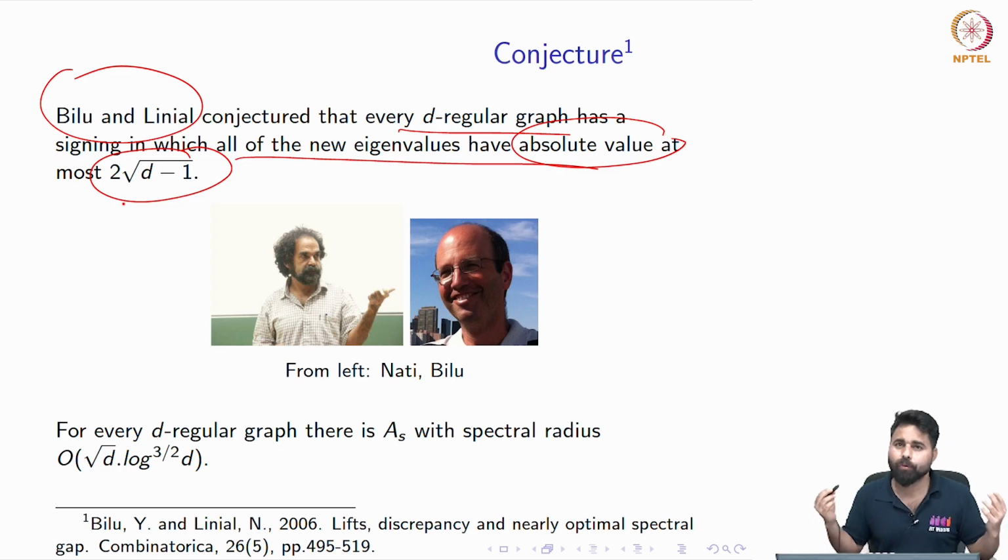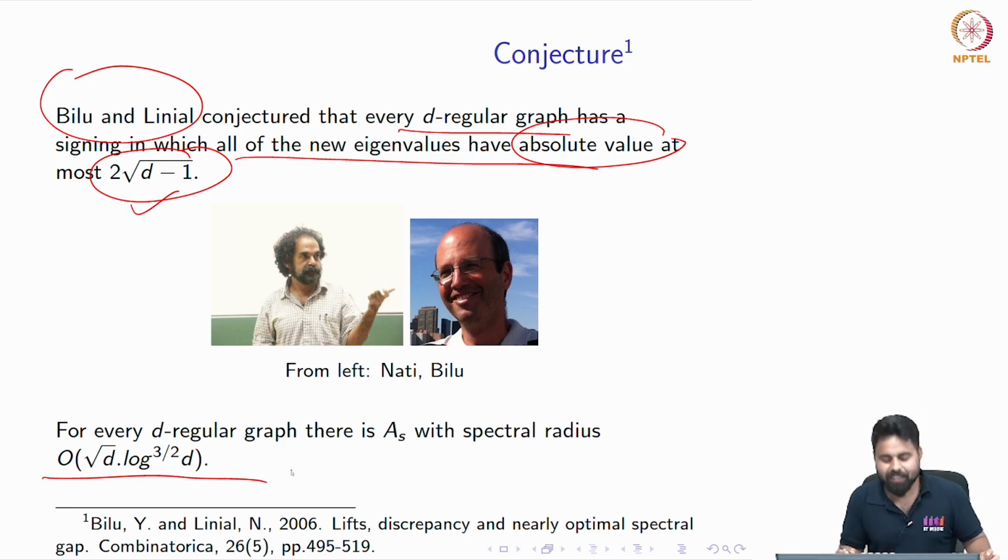If there exists a two-lift in which there is some signing such that the new eigenvalues also follow this bound, then the resulting two-lift is again a Ramanujan graph, a very good expander. So this conjecture is very powerful for producing good expanders or Ramanujan graphs. In fact, there is a more generalized statement that every d-regular graph has a signing with spectral radius at most this. Spectral radius is nothing but the largest modulus, right?